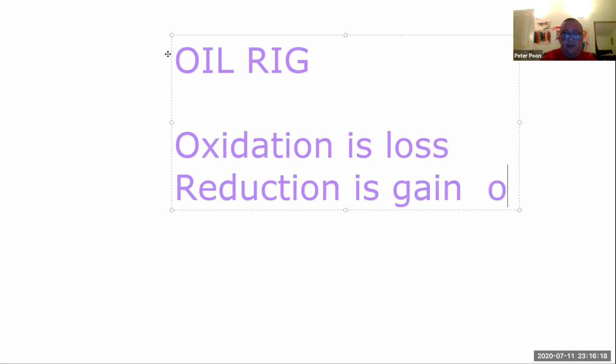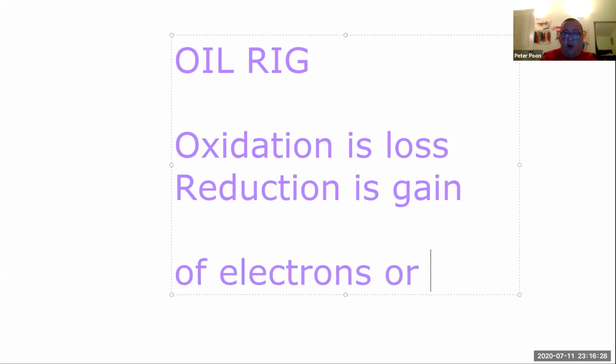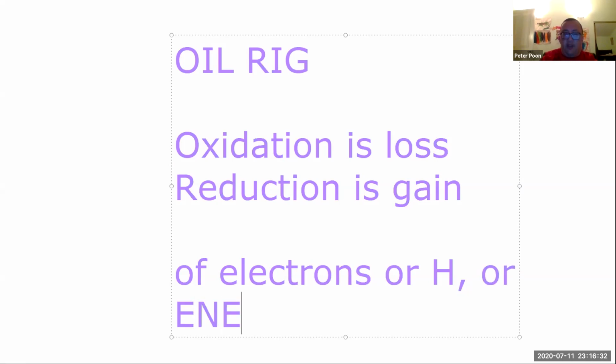Oxidation is a loss of electrons, hydrogens, or energy. Reduction is a gain of electrons, hydrogen, or energy.